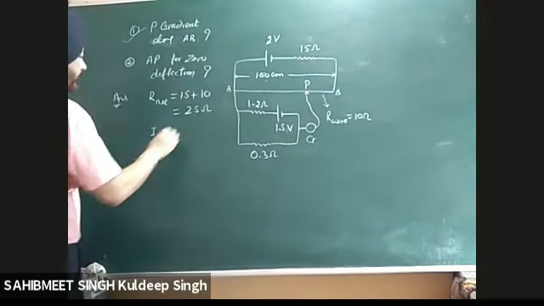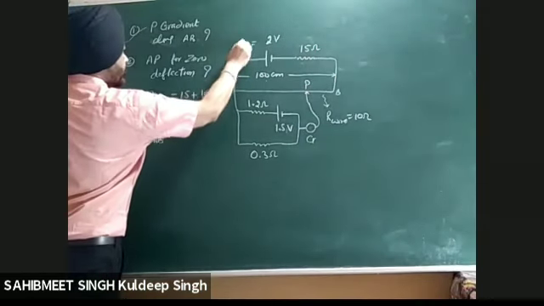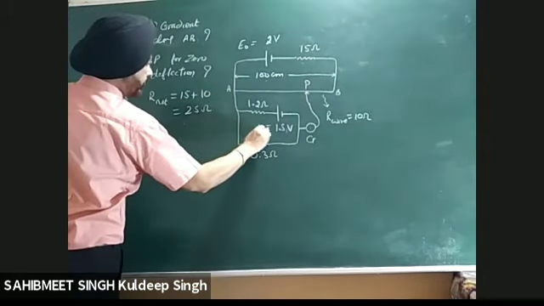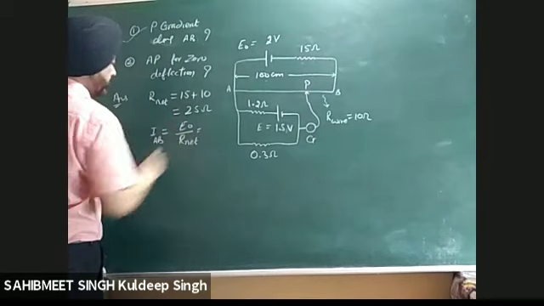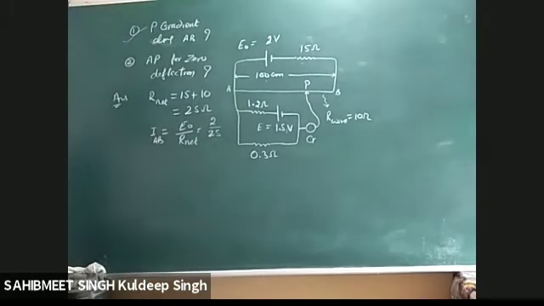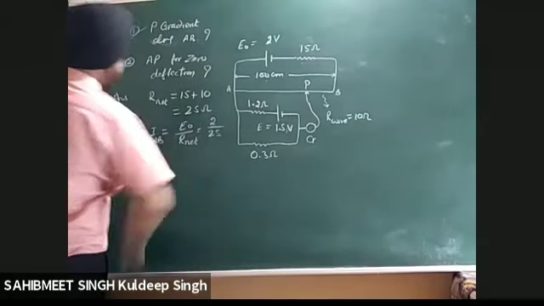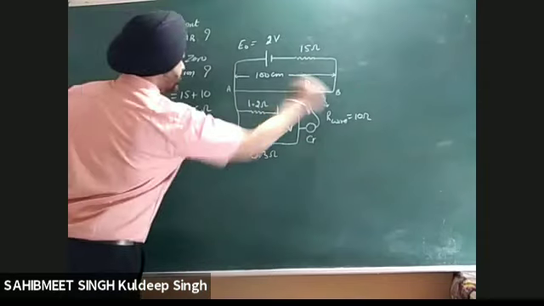Therefore, potential applied is 2 volt. This is E naught, and the current is E naught by R net. Therefore, 2 by 25. You can solve it further, otherwise leave it as it is. So the current in the circuit is 2 by 25. Right? So how much is the potential drop across the wire?